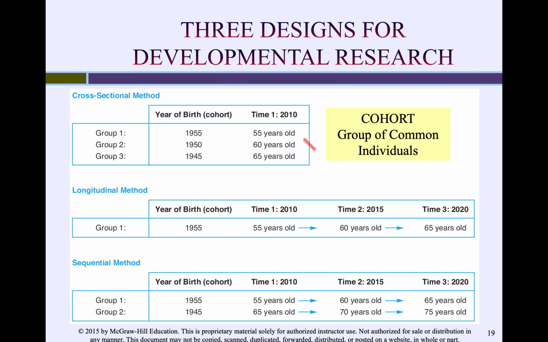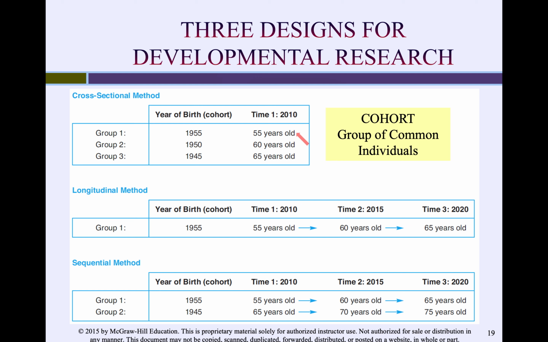So ultimately, with a cohort, which is a group of individuals with common features, so everybody born in 1955, 50, or 45, or what have you, you assess them all on the same measure, and these are your three different groups. Then you look for the differences in cognition of 55-year-olds, 60-year-olds, and 65-year-olds, right?